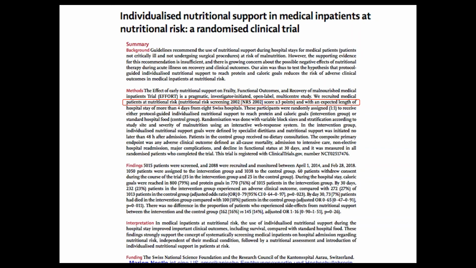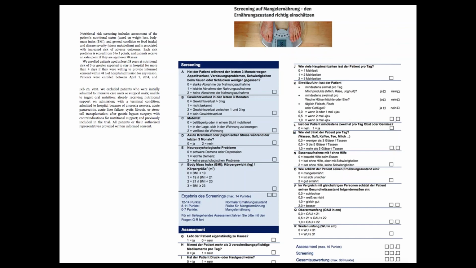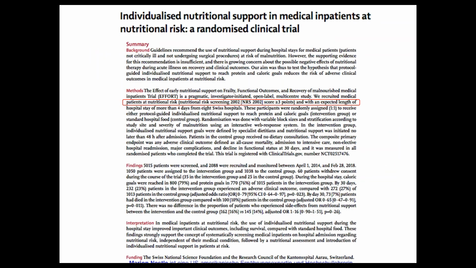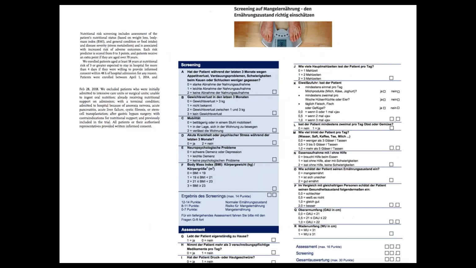So what was done here is that these patients were assessed by the Nutritional Risk Screening Scale, which here's the German version, and you can just scratch the little boxes here, including calf circumference and upper arm circumference and various other criteria here.